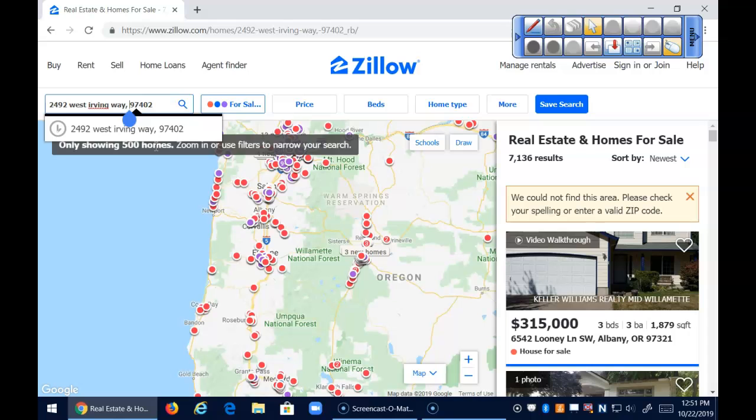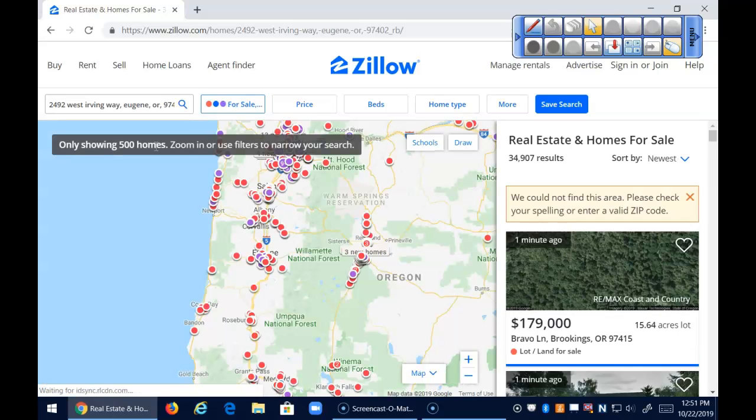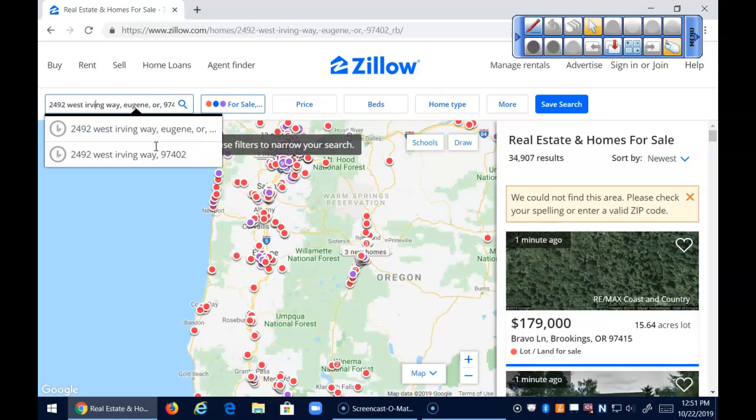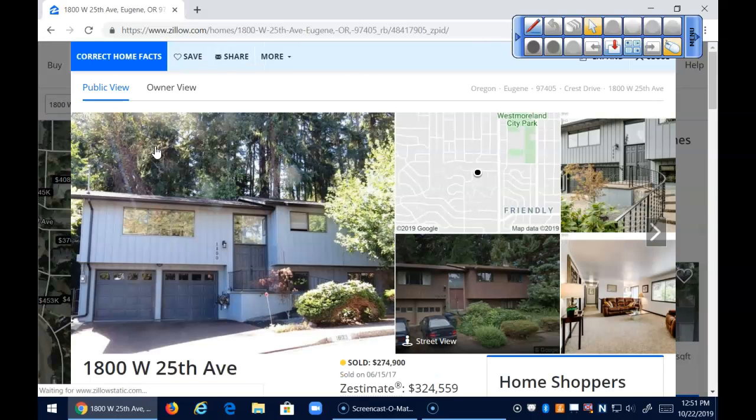So Eugene or Springfield? Eugene. I can do my own. Okay, sure. What's yours? 1800 West 25th Street. And again, there it is. That one it knows. Okay.